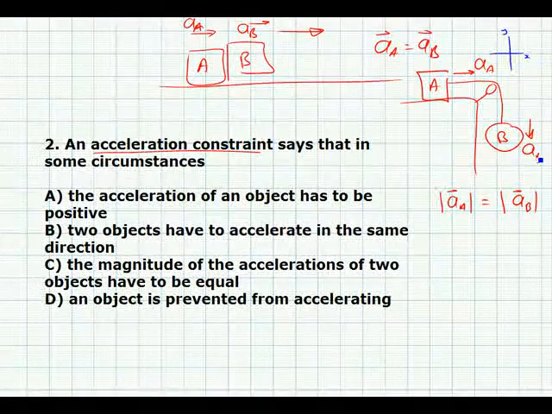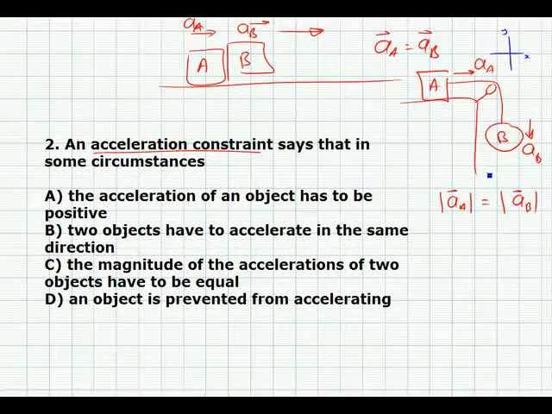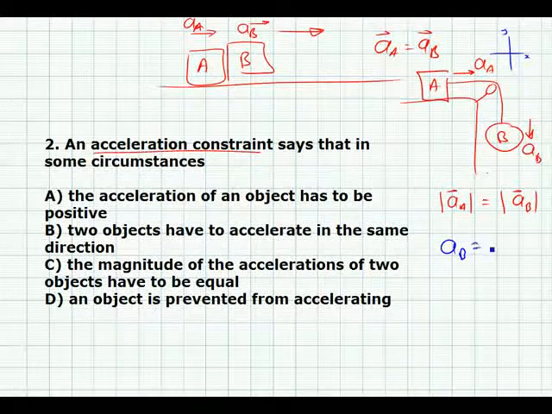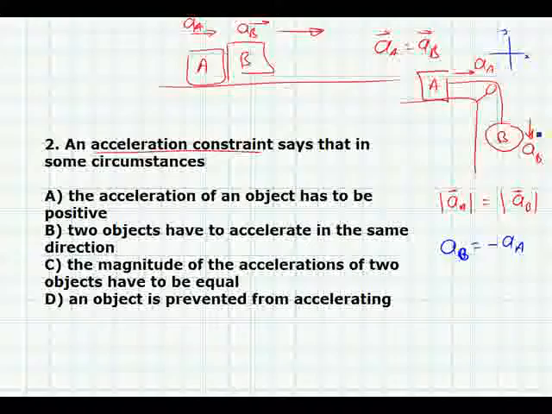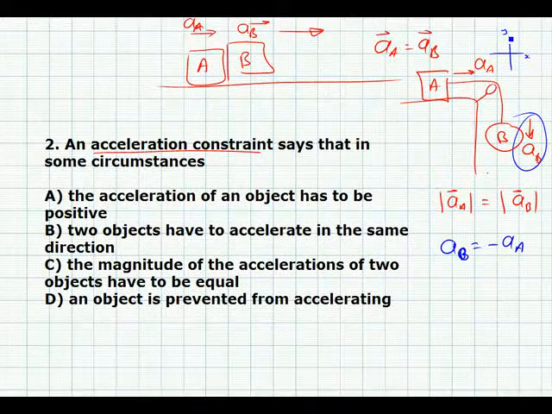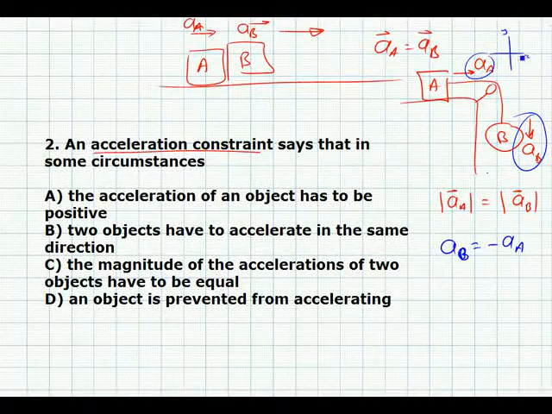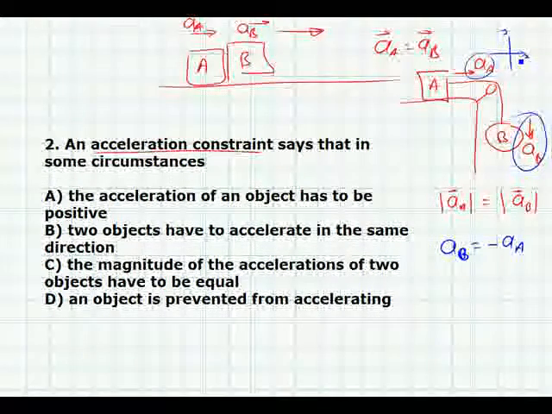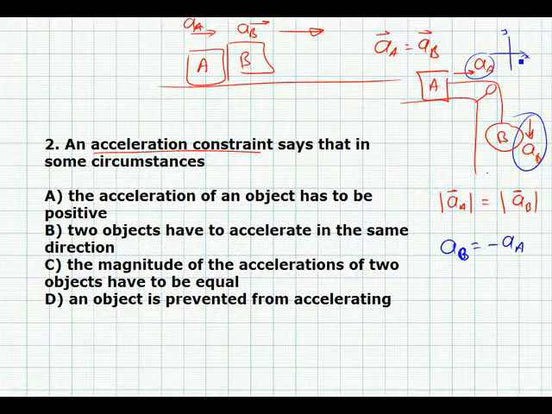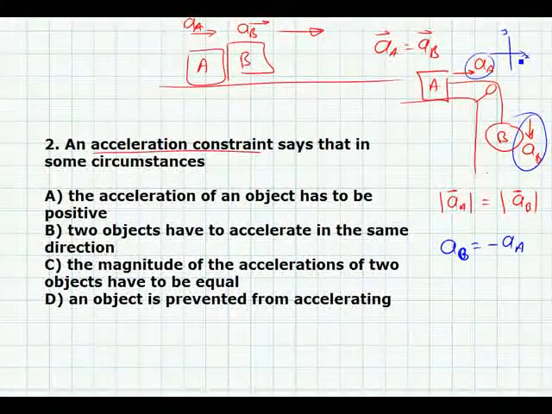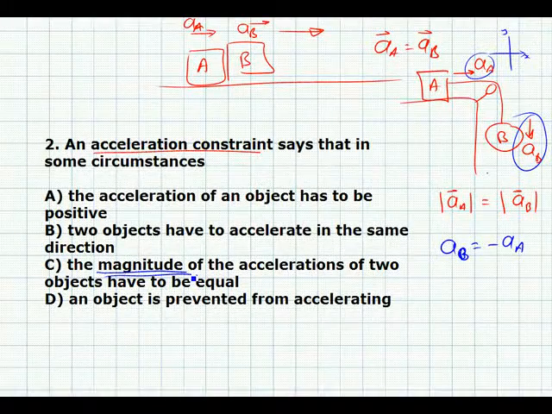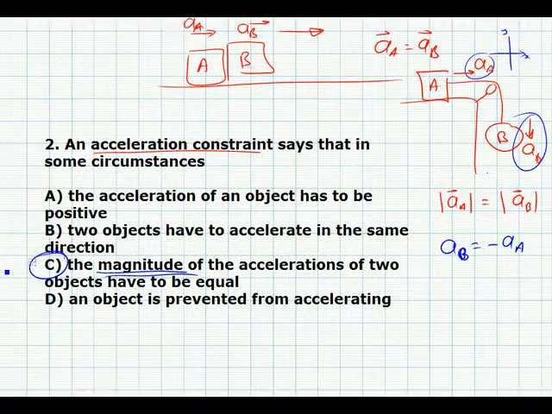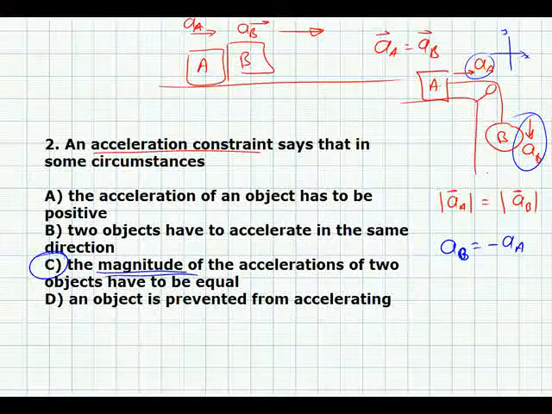So if y were pointing up, a_B would be equal to negative a_A, because a_B is pointing downwards towards the negative of the axis, whereas a_A is pointing towards the positive of the x-axis. In short, the acceleration constraint states that the magnitudes of the accelerations of two objects have to be equal, so C is the correct answer in this case.